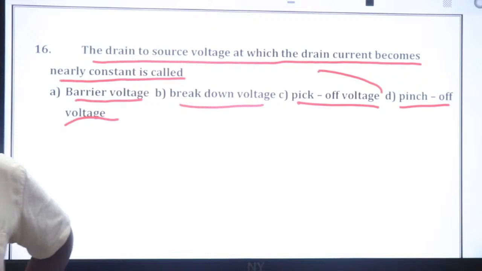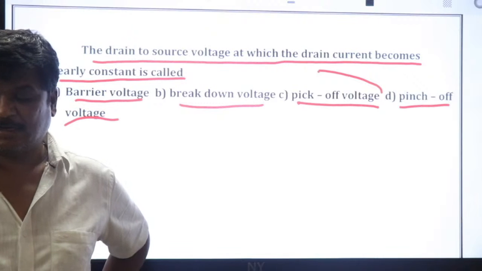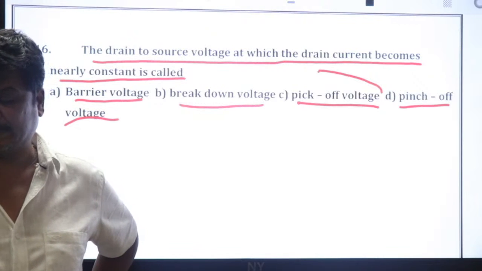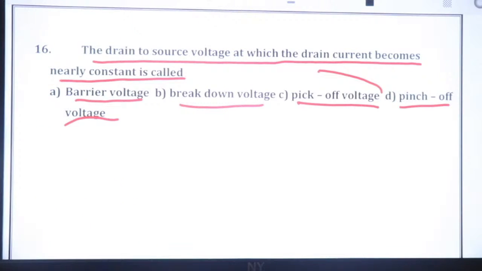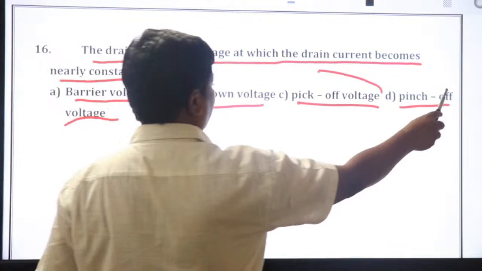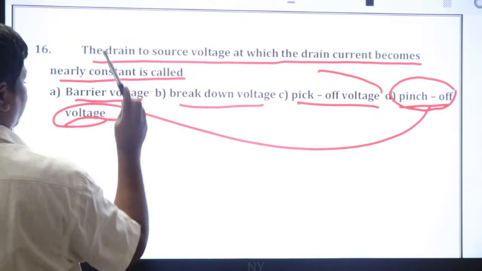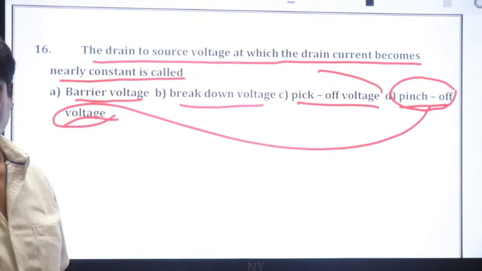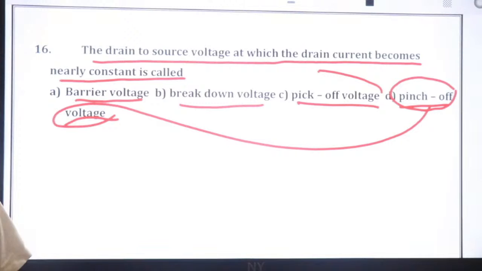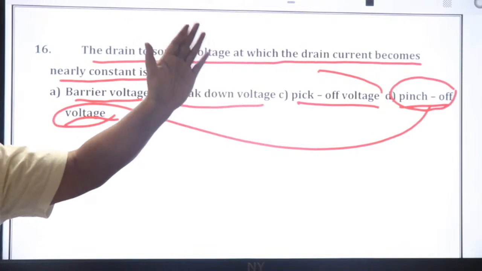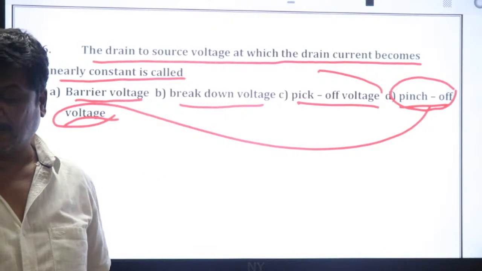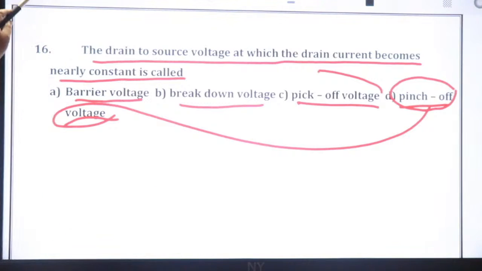Tell me, I am waiting for your answer. Yeah, nice. What is that? Pinch off voltage. That's what we discussed in the previous question. After pinch off, the drain current becomes constant.